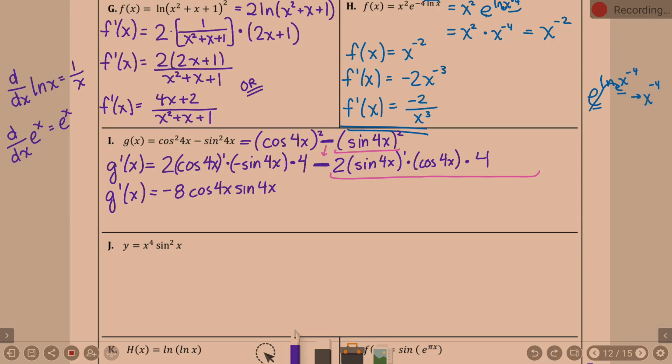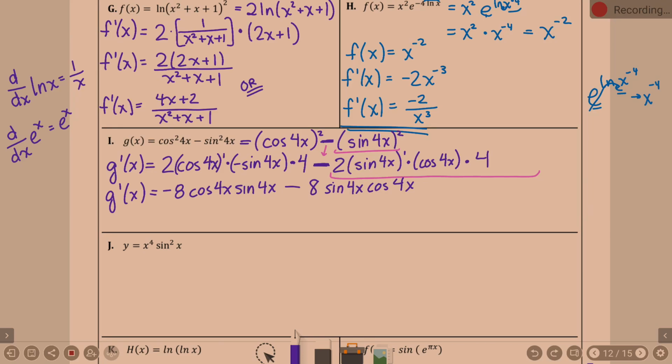And then on the next piece, if I currently carry down my minus, besides that I see a 2 times 4. So I'm going to say 8 sine 4x cosine 4x, if I just write what I have there. And I'm just thinking negative 16.